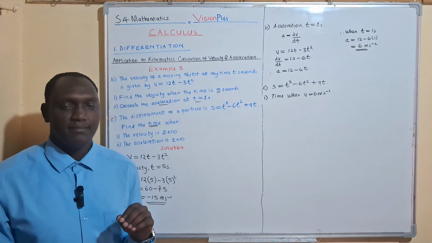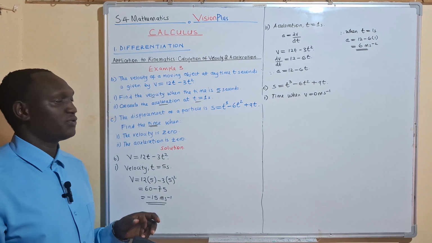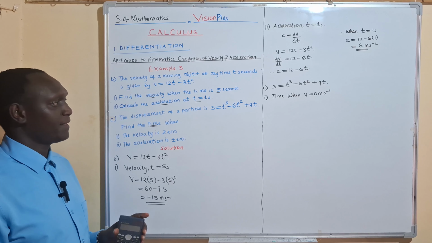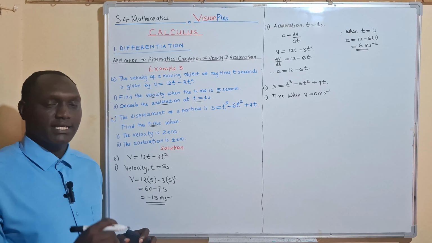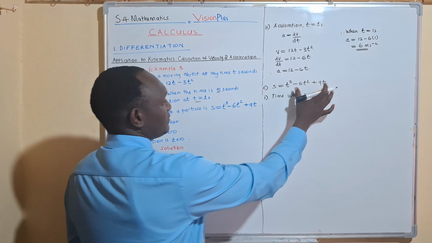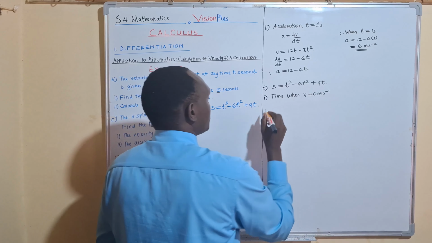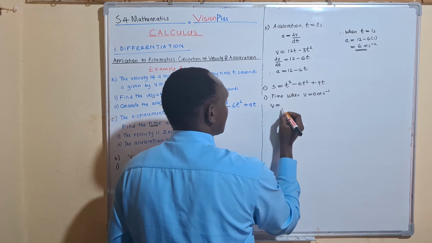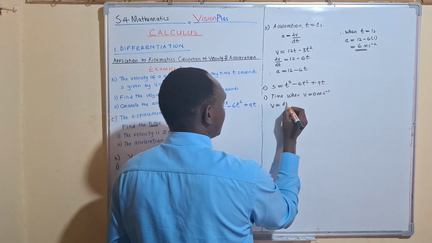We need the time, or the instant, when the velocity is 0. Let us first get the expression for velocity at any time, because here we have the one for displacement. So we know that velocity is the rate of change of displacement, ds/dt.